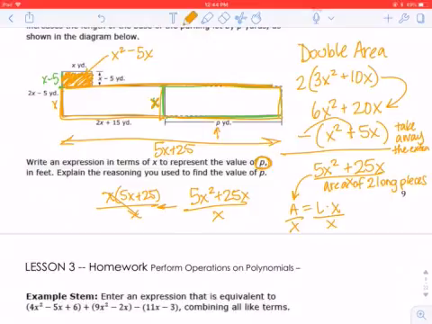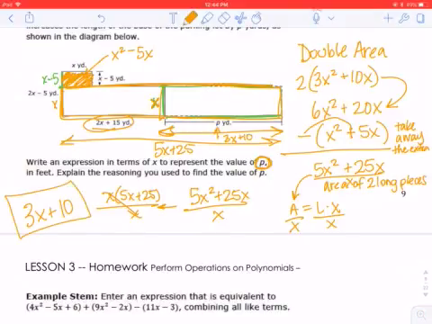Then we can take away this part over here, and that leaves me with 3x plus 10. This section here must be 3x plus 10. Let me know what you think.